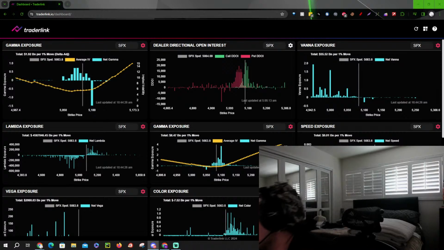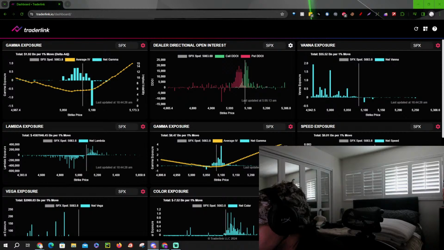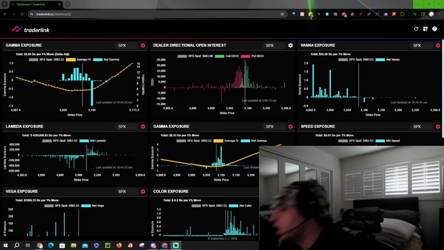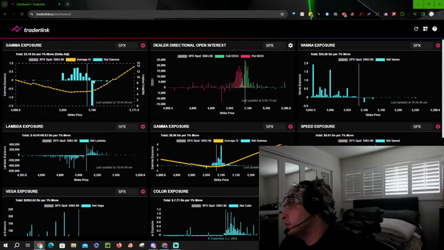So the next question would be: if a negative environment acts as an accelerant when it moves too high or too low, how can we determine what too high is? Average IV, right? If you're looking at the skew right here, too high is going to be call side. If we squeeze past this point, you might see what's known as a gamma squeeze.